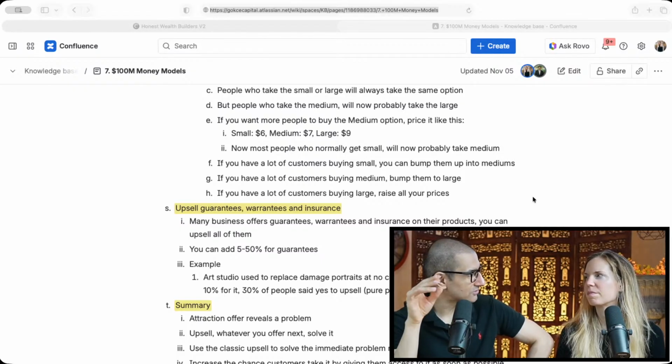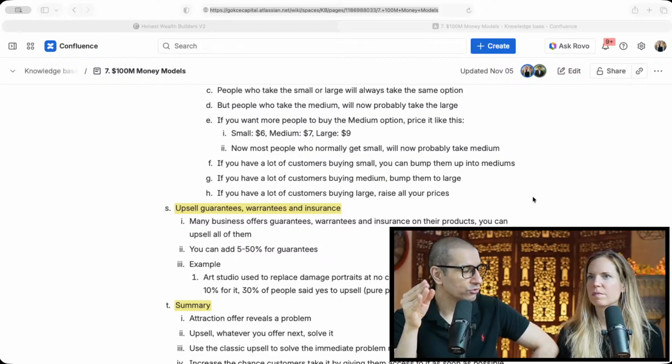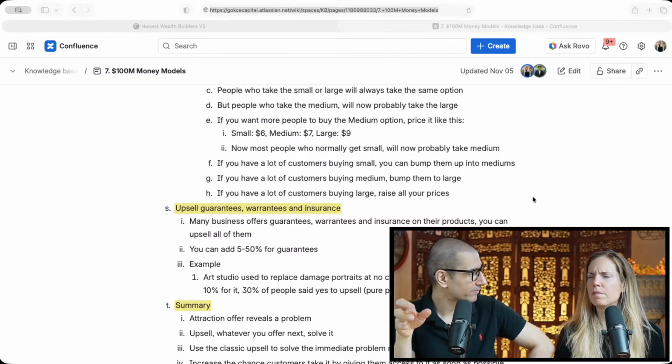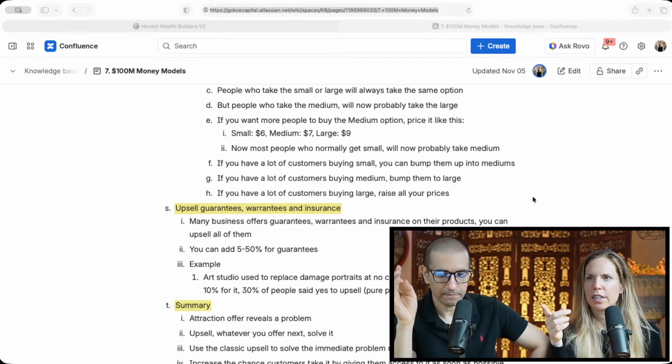So it also depends on the cost of material, the cost of preparing, and all that. You will look at your product and see which product has the biggest margin. I'm guessing large will have the biggest margin. No, I thought the point here is you look at what you want to sell more, or what most of your customers are getting. So what would be the next logical step for them?